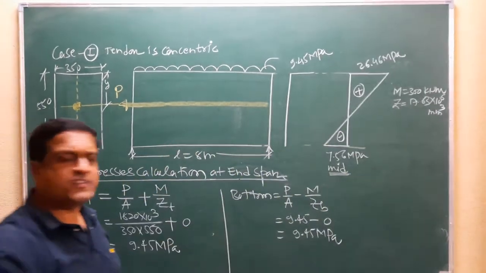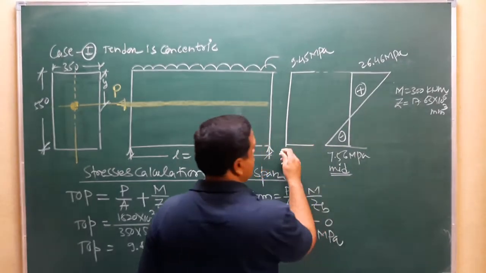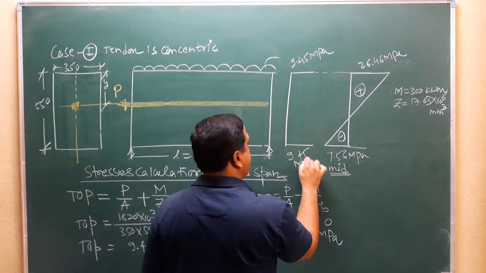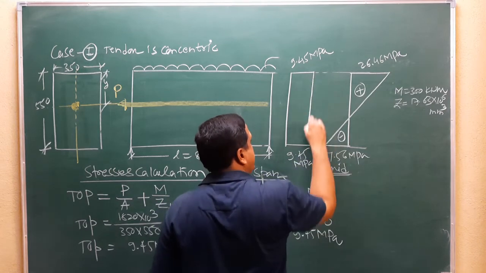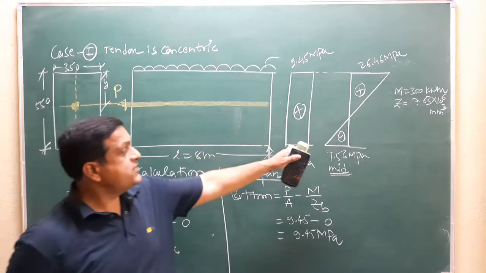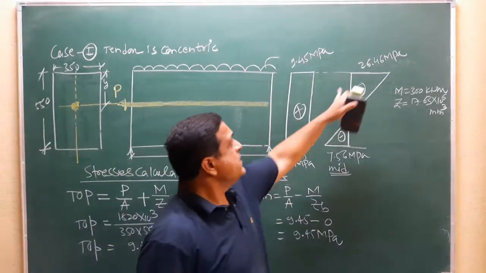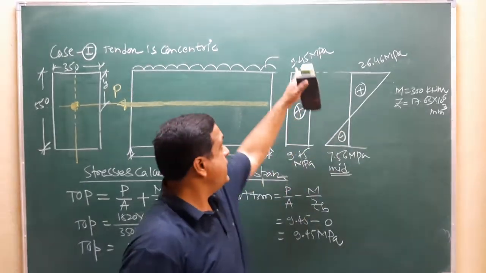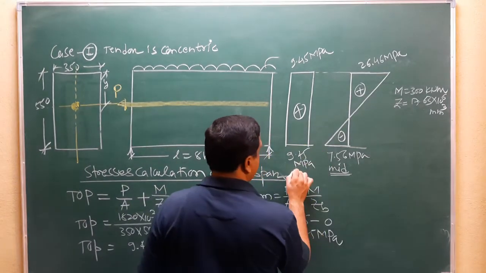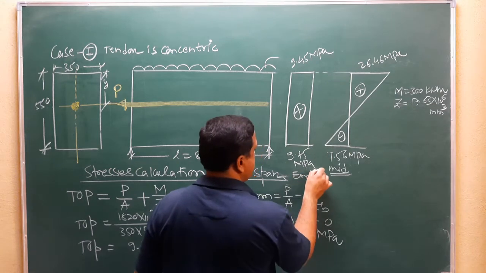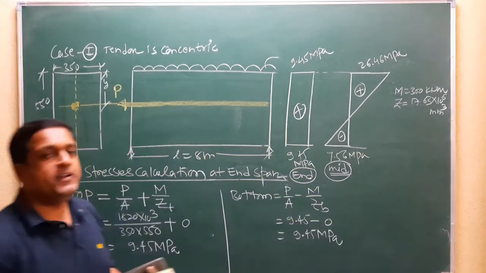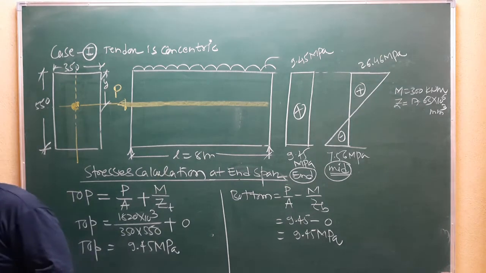And bottom fiber stress is the same and it is positive, so plot it on the same side, 9.45 megapascal, and join this. It is total compression. This is the stress distribution at end span and this is the stress distribution at mid span. Is it clear to you?